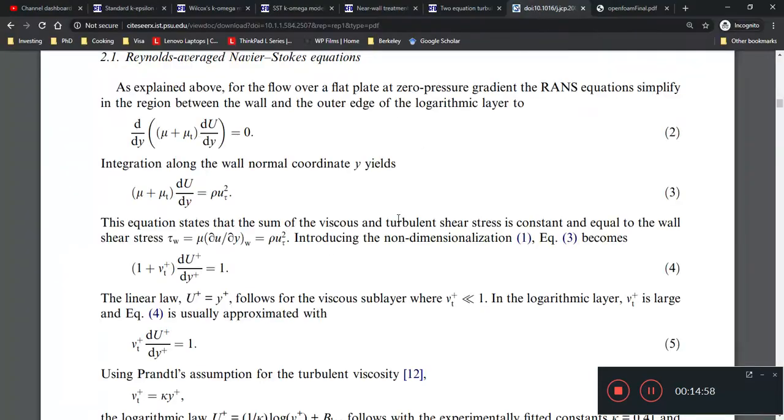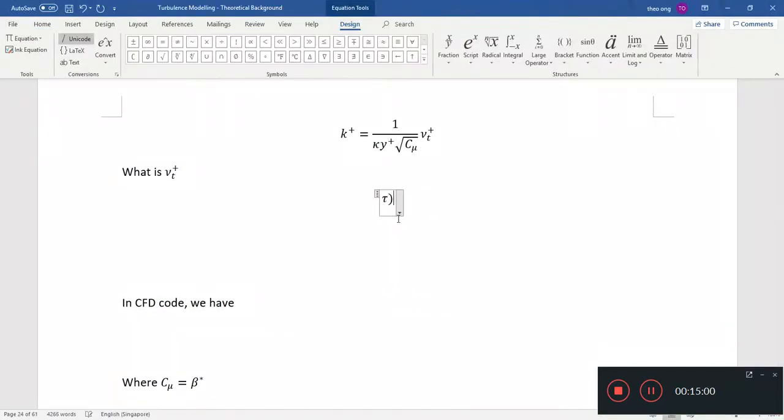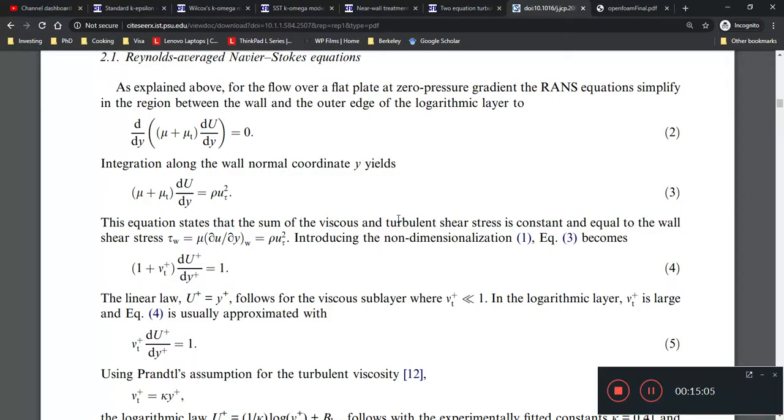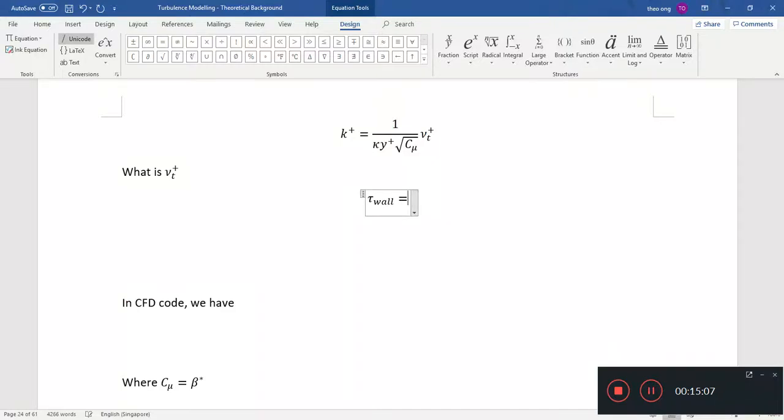If you remember our wall shear stress equation, tau wall equals rho times nu plus nu t times partial u partial y.